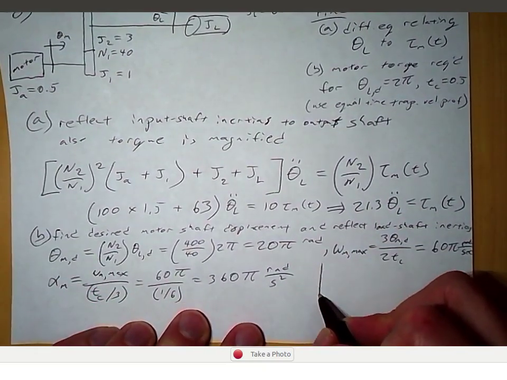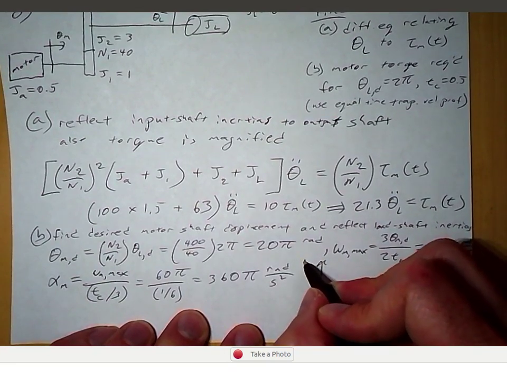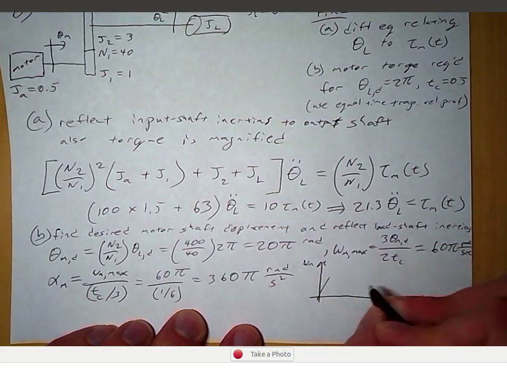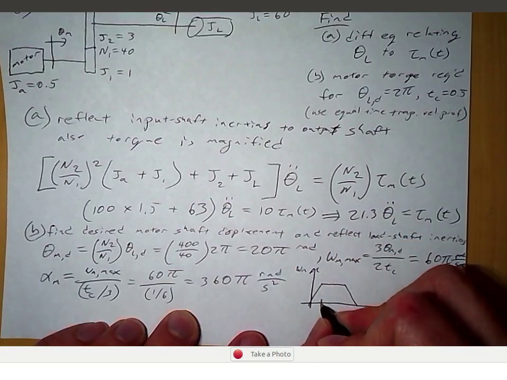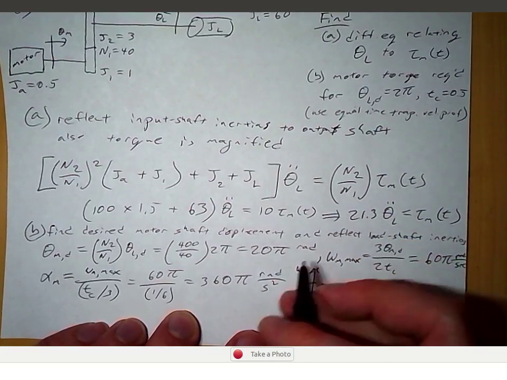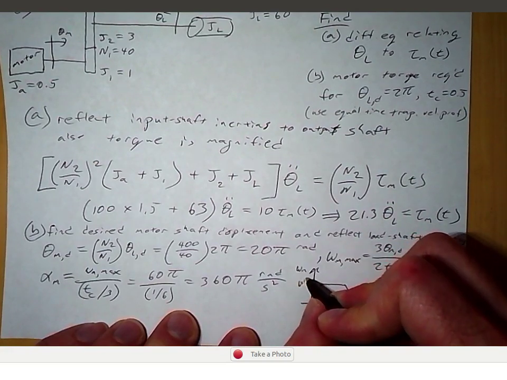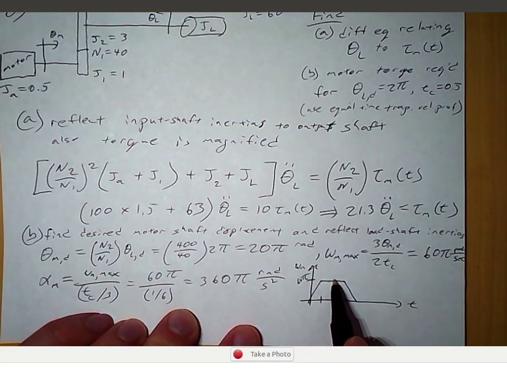And again, what the plot of motor shaft speed versus time looks like is this. Might not be to scale, but we have 60 pi is this height here. Hopefully that's legible. 60 pi is the maximum velocity.